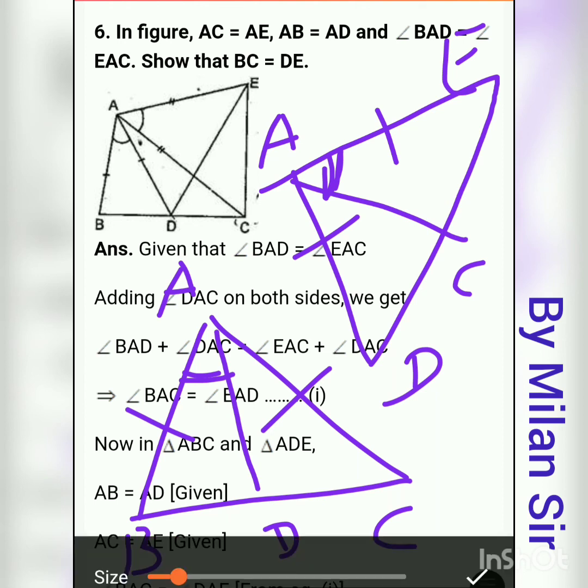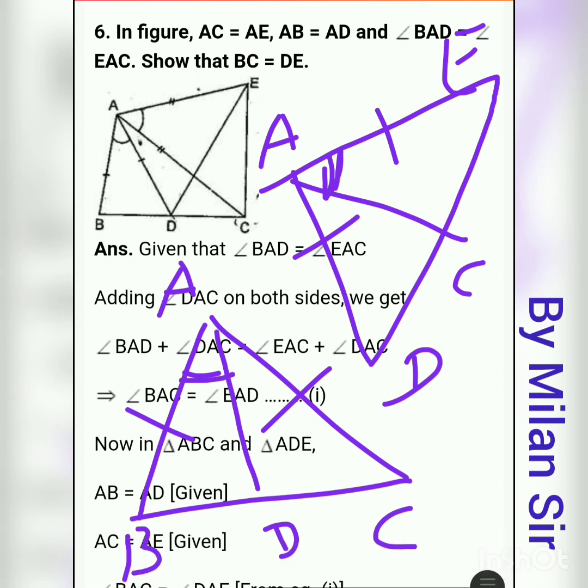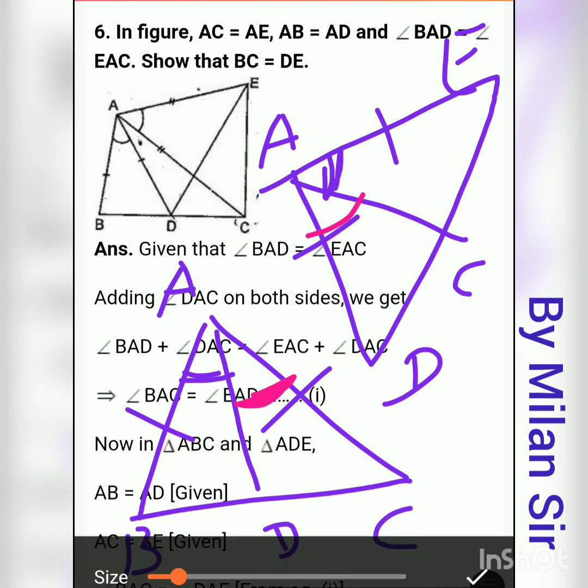Here DAC part is remaining, and here we have the same part DAC. Alternately, this whole angle is equal to this angle. So by using the side angle side criterion we can prove these two parts are equal.